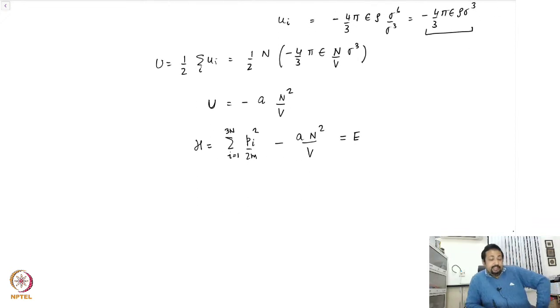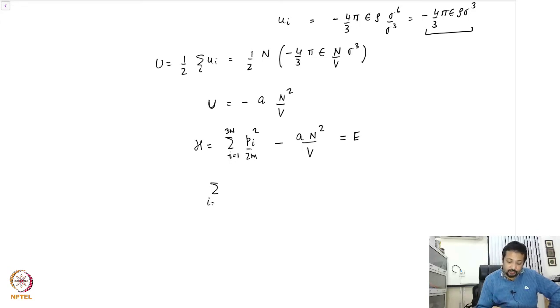So if you are considering this system to be isolated, then you are looking at the microcanonical formalism.